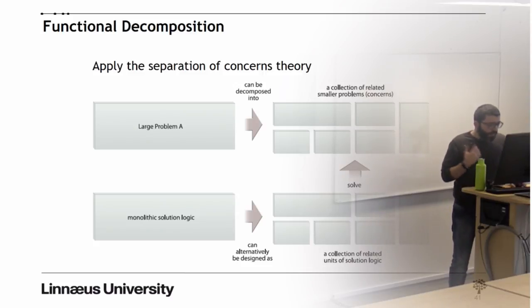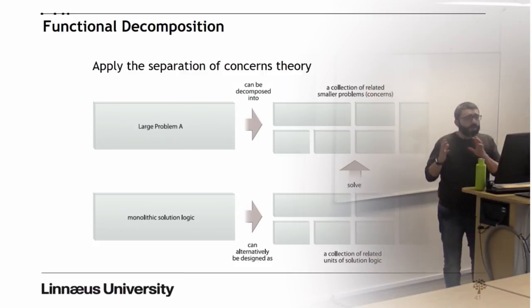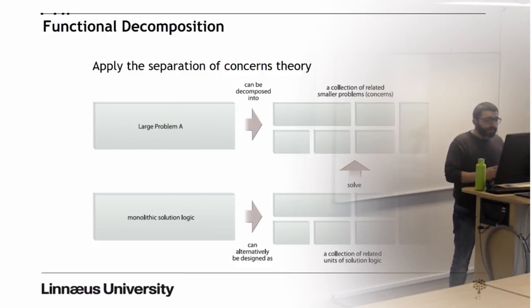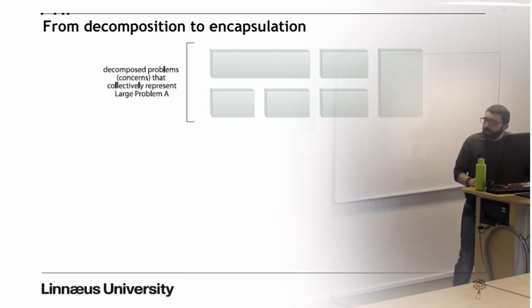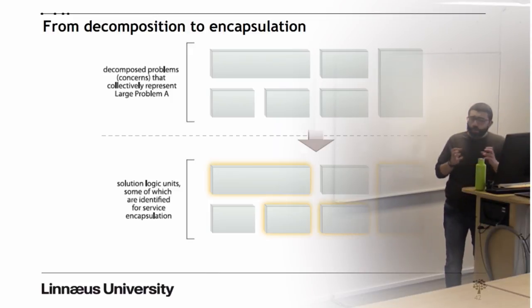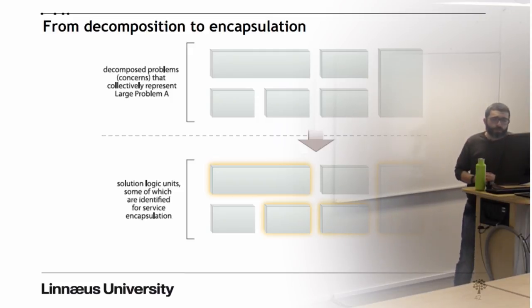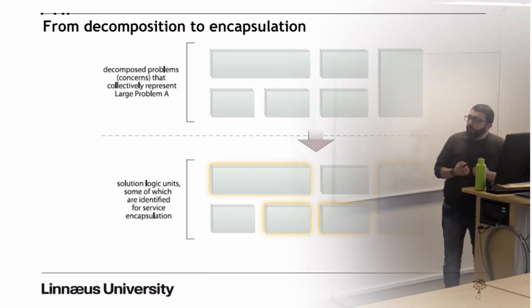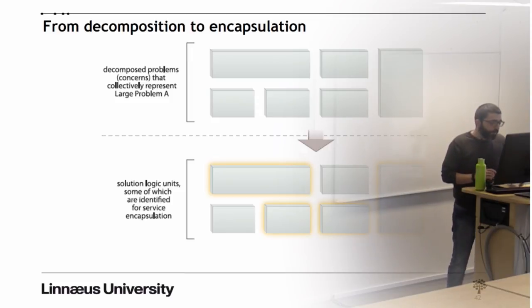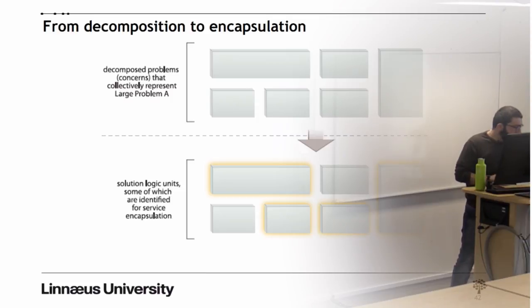Once we have this decomposition, we create a small solution logic for each sub-problem, and then we can deploy every single solution logic unit into a microservice. Every single microservice will encapsulate the logic for solving a specific sub-problem with respect to the big problem we've seen before.